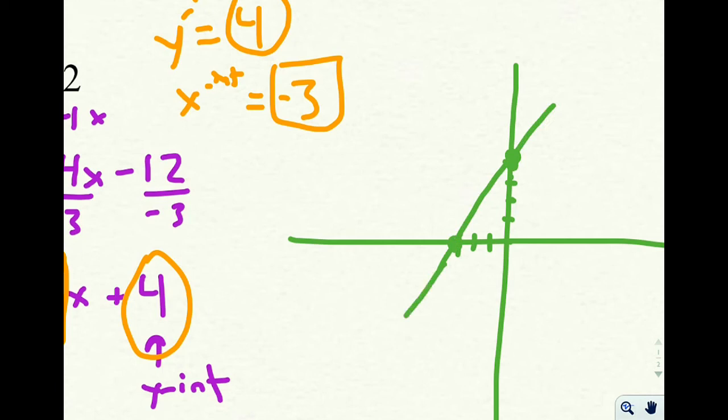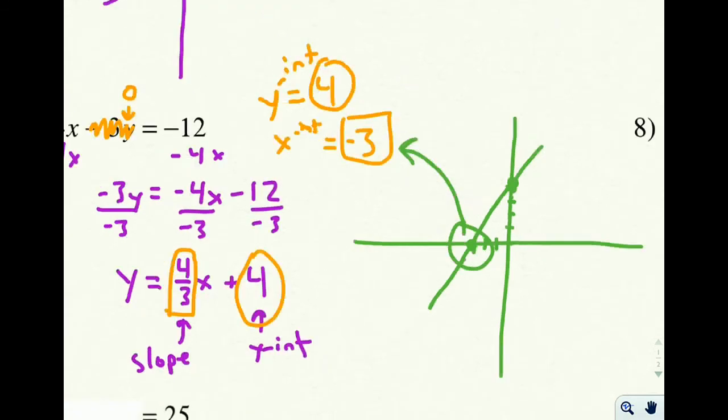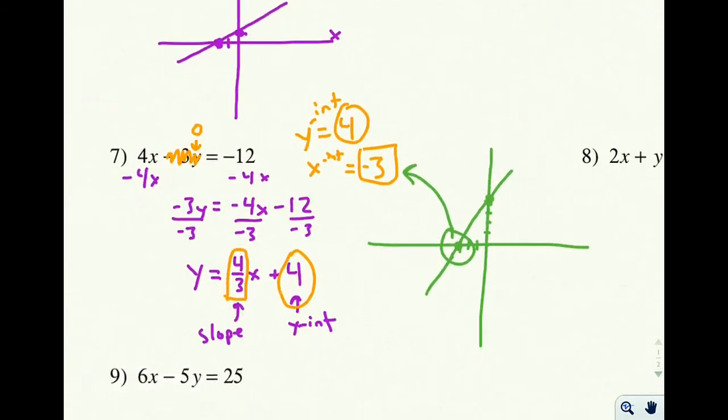It's still positive. So that would be the 4/3 slope. You can see, where do I cross the x-axis? -3. So it doesn't matter what approach you take with these types of problems. As long as you show your work, you can either solve for y, do it more traditionally, or plug in 0 and get the x and y intercepts.